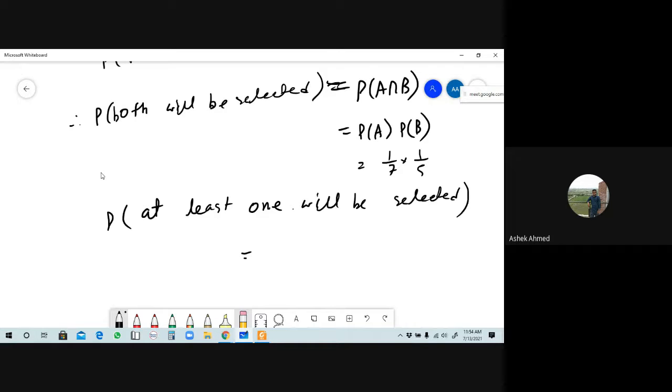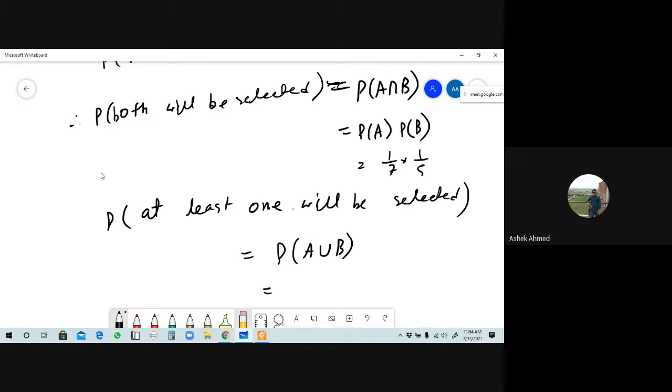What do you mean by this, at least? Sir, it means either A and not B, or B and not A, either A or B. A union B, either A or B. Can you say union means either A or B here?